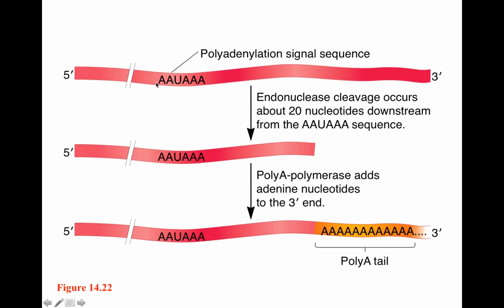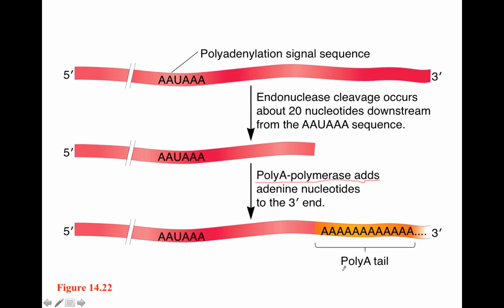What happens when this is transcribed is that an endonuclease cleaves the messenger RNA away from the DNA that it's attached to at about 20 nucleotides downstream from this cleavage and polyadenylation signal. Okay, and then an enzyme called PolyA polymerase comes in and attaches about 200 adenosine residues at the end.